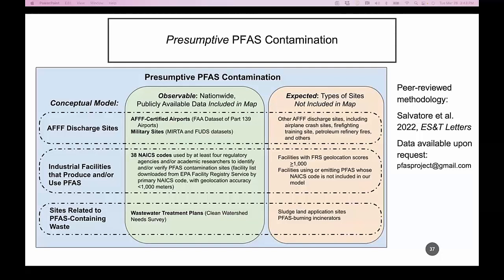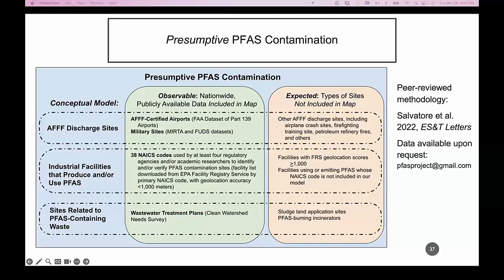This led us to identify three types of sites that we called presumptive PFAS contamination sites. This means that in the absence of high quality testing data, we encourage decision makers to treat these types of sites as presumptively contaminated until testing can be done.